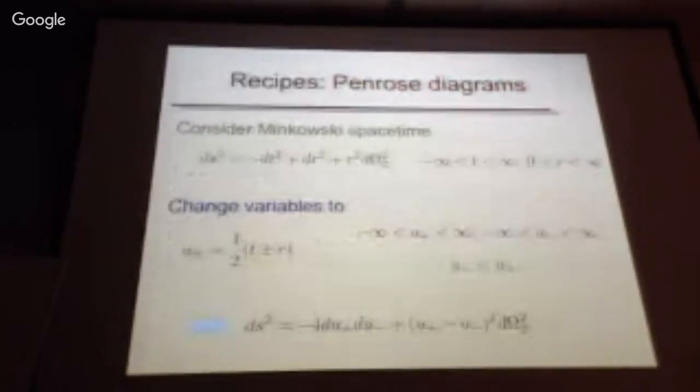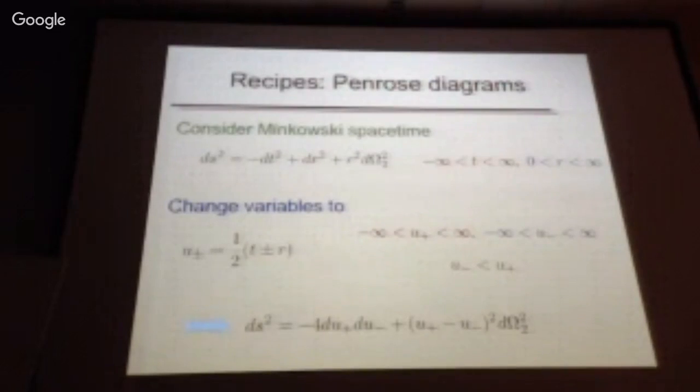So let's start by constructing the Penrose diagram of flat space. This is flat space written in spherical coordinates. I have a radial direction, and since flat space is completely isotropic, it doesn't depend on the angles.